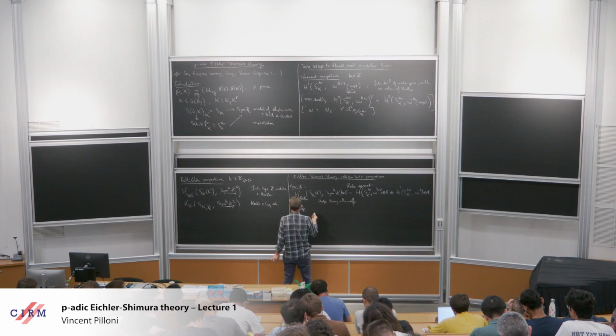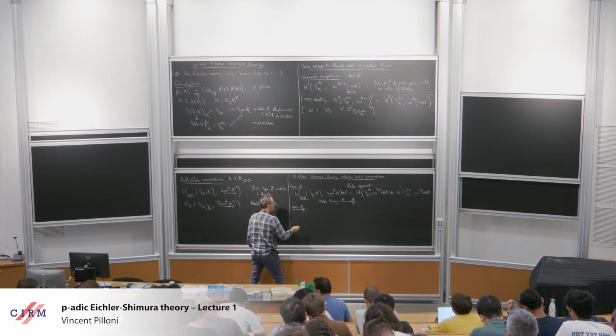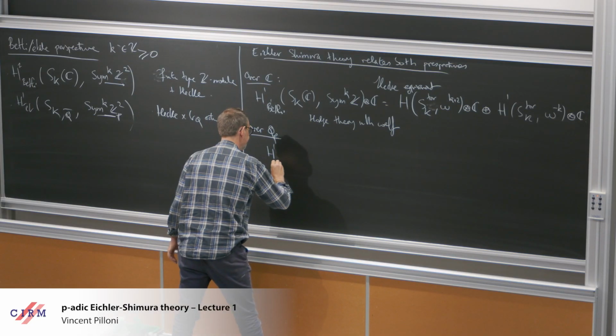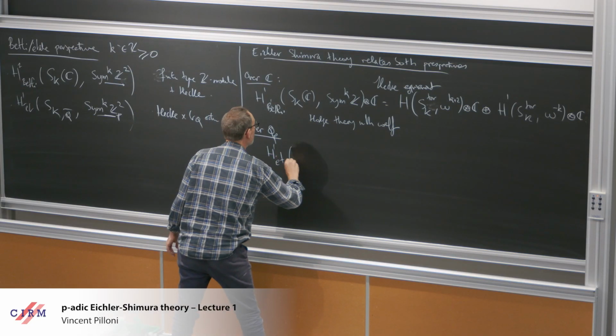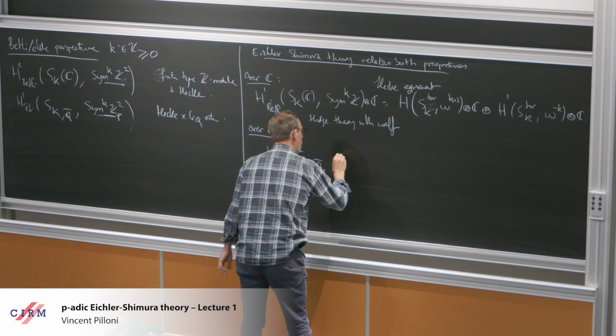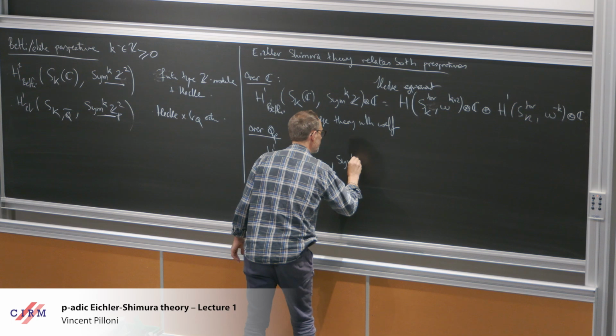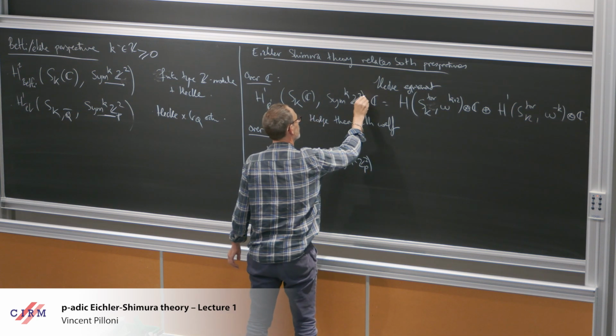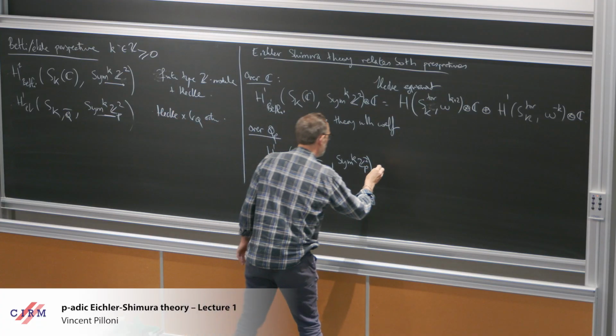And so this is Faltings' Hodge-Tate decomposition. And so one has that H1 étale of S_K over Q_p-bar with coefficients in Sym^k Z_p squared. Sorry, there was a square missing here.